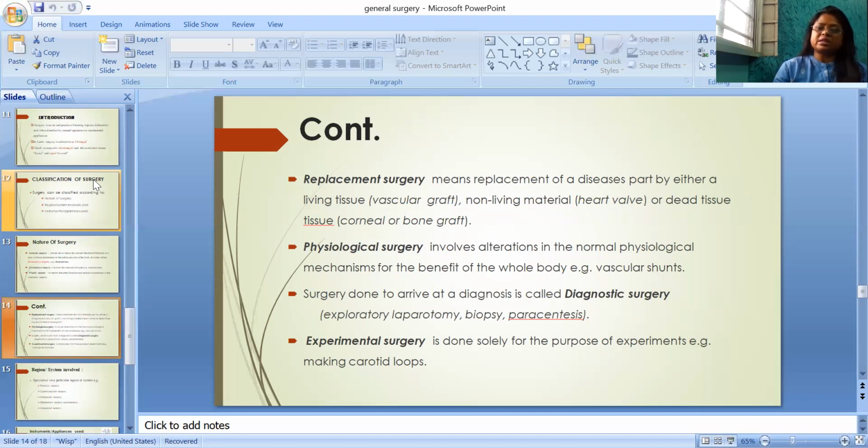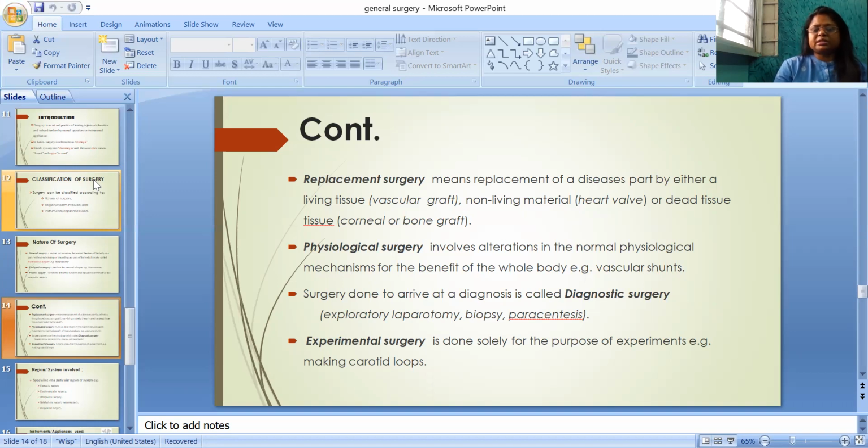You discard an affected part by replacing it with living tissue, non-living material, or dead tissue. That comes under replacement surgery.